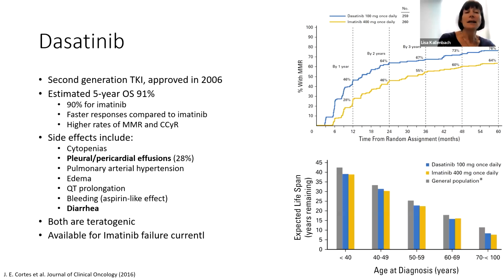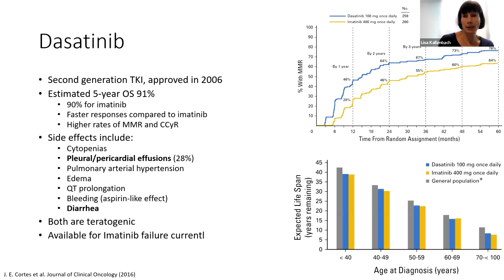It has some similar but a few different side effects. It does cause cytopenias, as does imatinib. This causes more pleural and pericardial effusions, and you can often stop the drug and try to restart at a lower dose if that is a possibility.